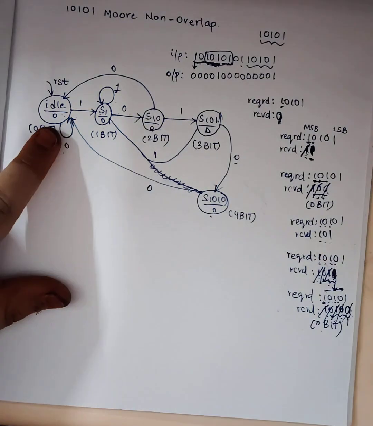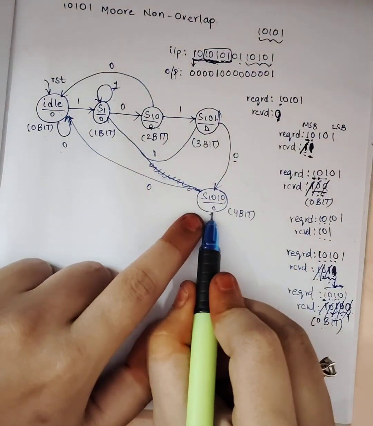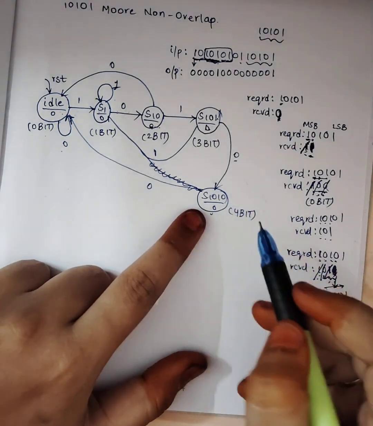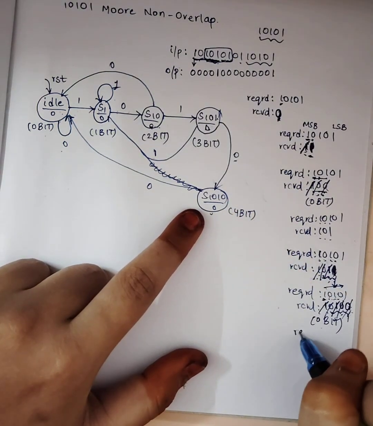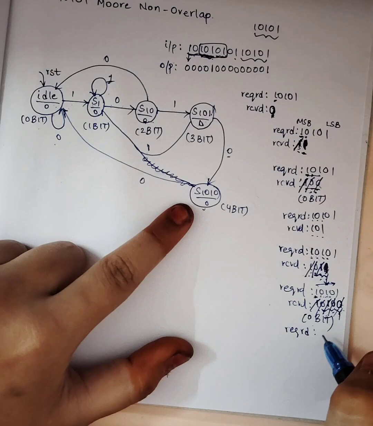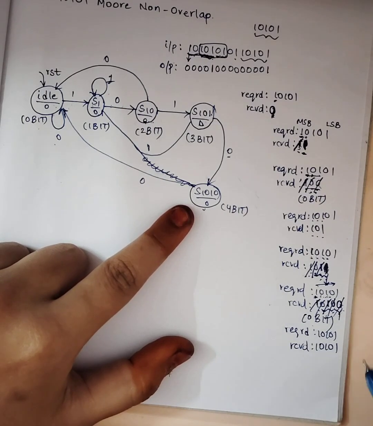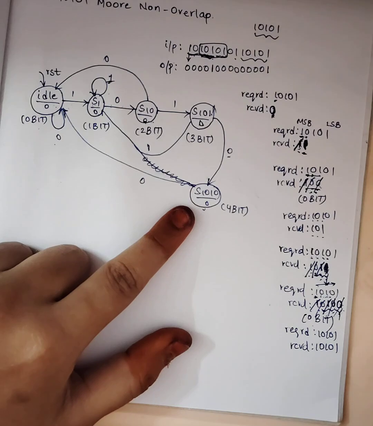So we'll go here. For this state, 0 transition is done and we should check for 1-bit transition. What if we receive 1 instead of this 0? My required sequence is 1 0 1 0 1, and what we received is 1 0 1 0 1. 5 bits are matching, so our output will be 1.